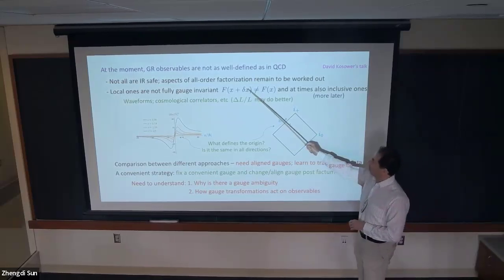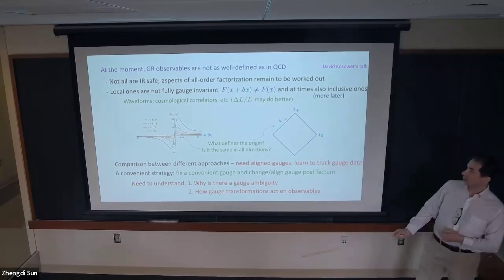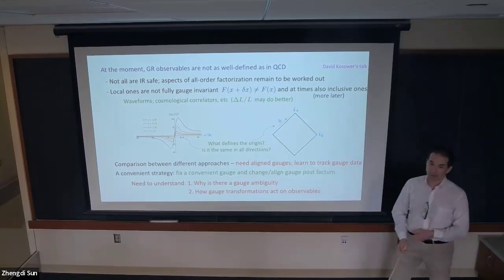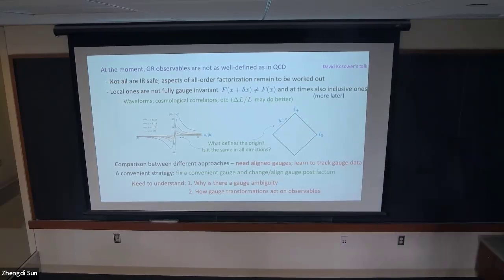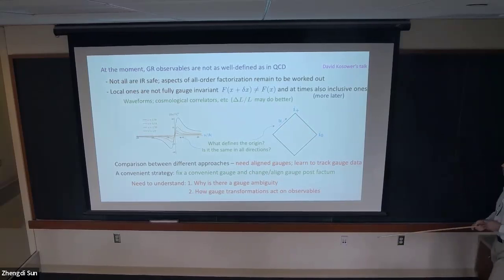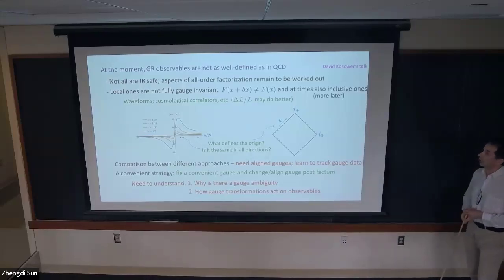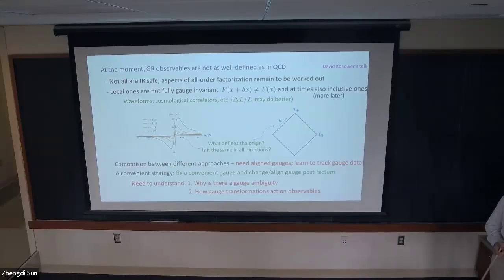So the only way to deal with the equality of some local observables under shifts is to either integrate over X, which makes it non-local, or make it independent of X. And then, well, then it's a little bit too low. So waveforms, cosmological correlators, and so on, they all suffer from this because they're measured here.